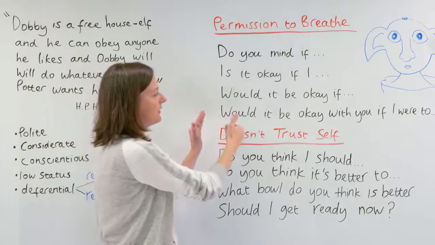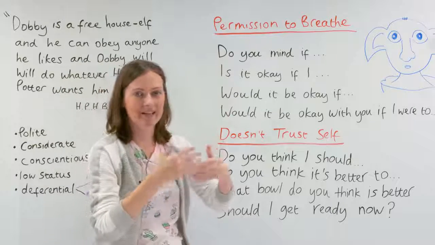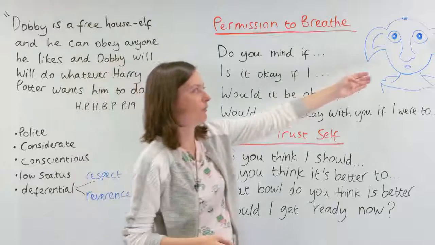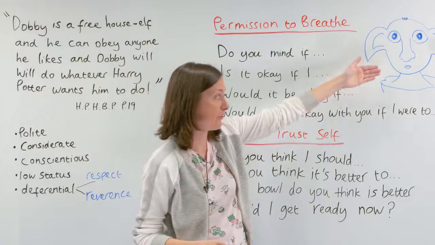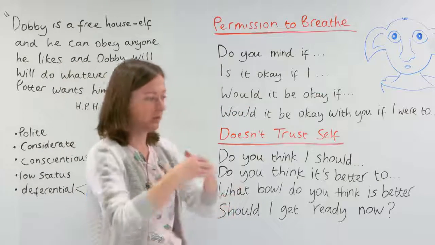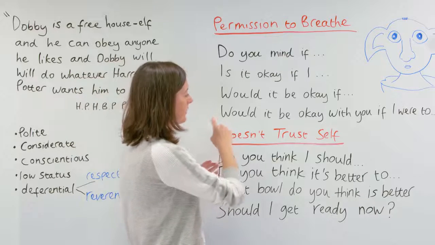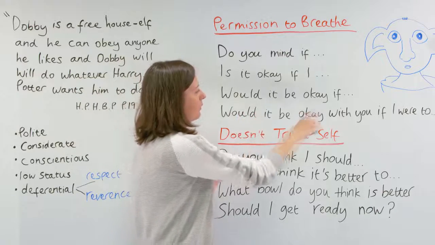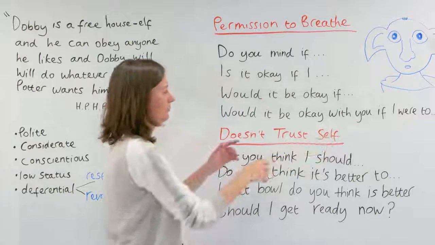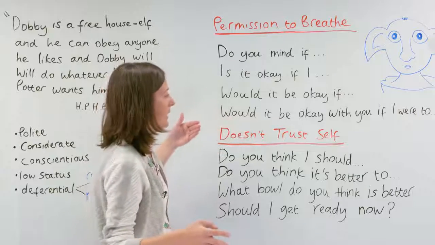When we make the sentence longer like that, by adding in more polite words, then we become more and more like Dobby the house elf. Because all of these are asking for permission, but when we put in extra polite words, here we're basically repeating, would it be okay with you?